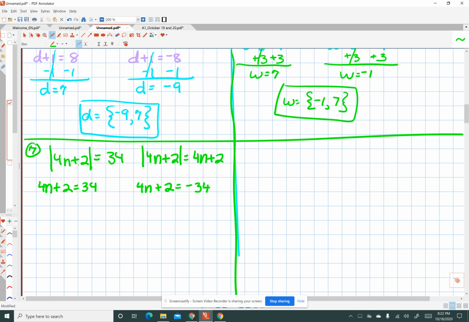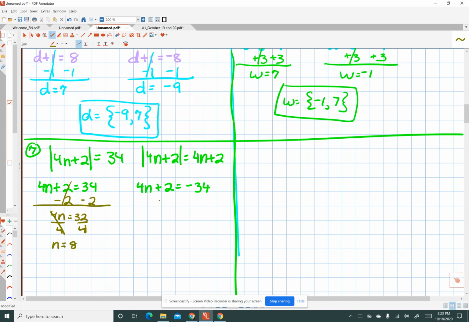Remember, we isolate the absolute value term, then we can remove those absolute value bars and set it equal to the positive and the negative. So let's subtract 2 from both sides. 4n equals 32. Divide both sides by 4. And n equals 8.